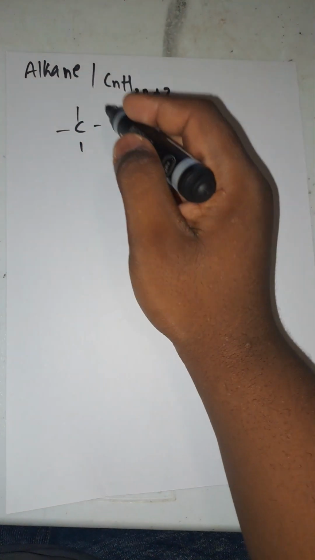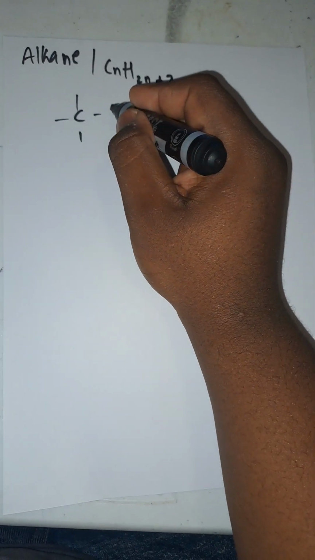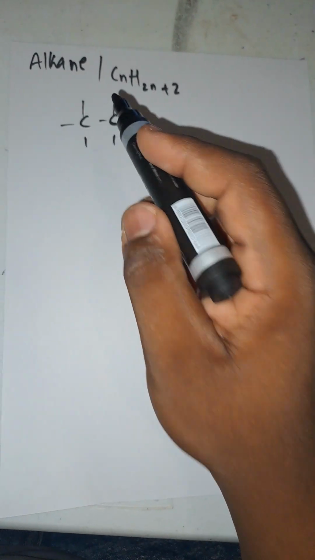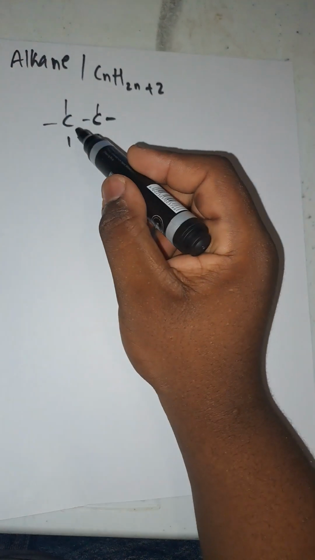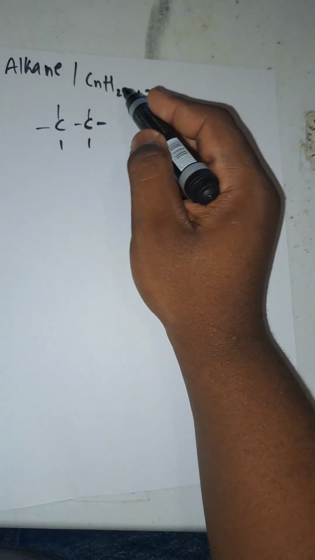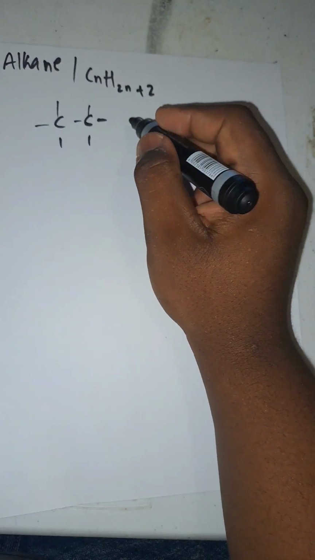So for example, let's say I have how many carbon atoms? Let me put 2 carbon atoms there. Whenever you have 2 carbon atoms, this is how you're going to do it. Since this is the general formula, CnH2n plus 2, whenever this n, you're going to put what? 2.